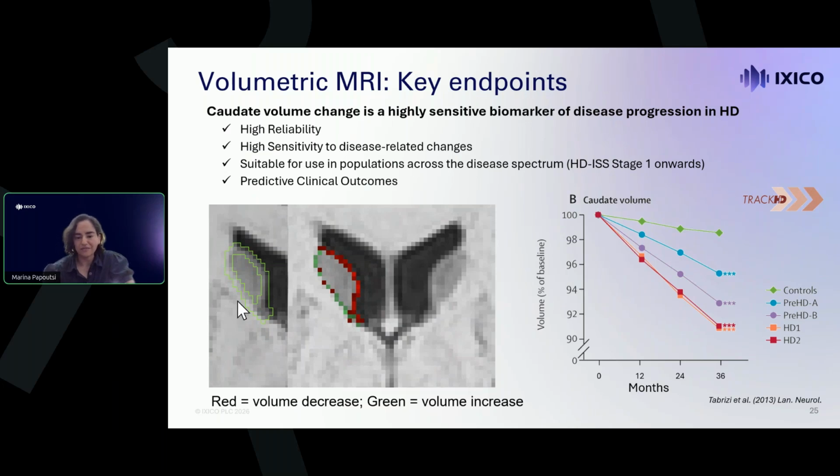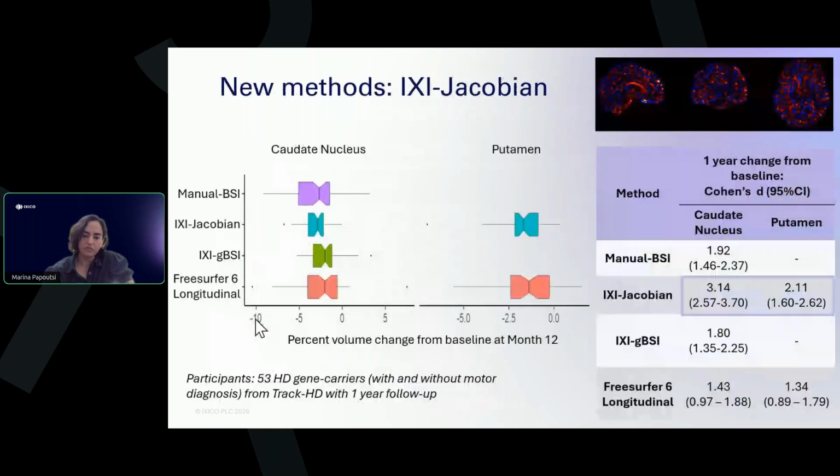So it is time for a revamp, and we've done a lot of work to develop modern methods using deep learning tools to automate the segmentation part, training algorithms on the manual segmentations, and also the longitudinal part. We recently completed a very detailed validation comparing different tools to understand the sensitivity of the method.